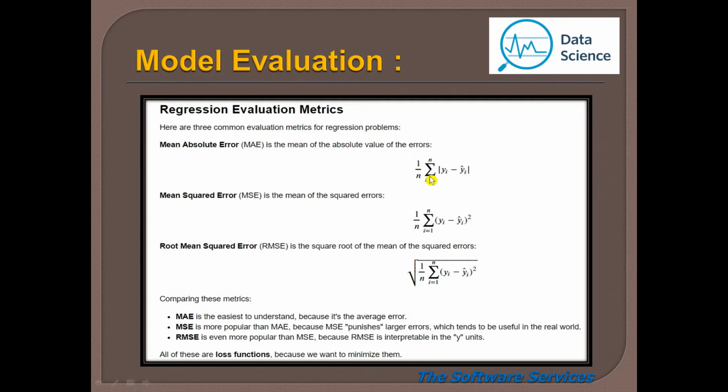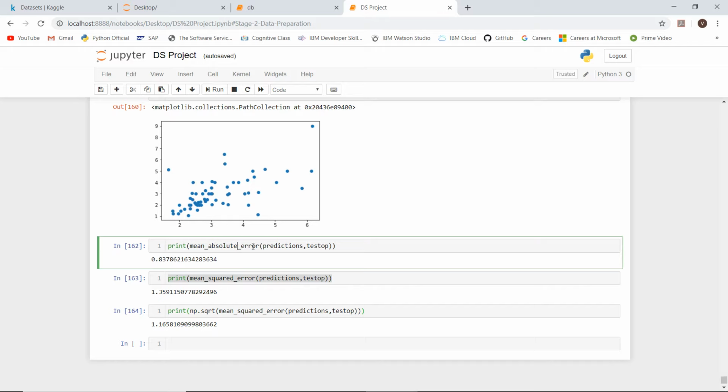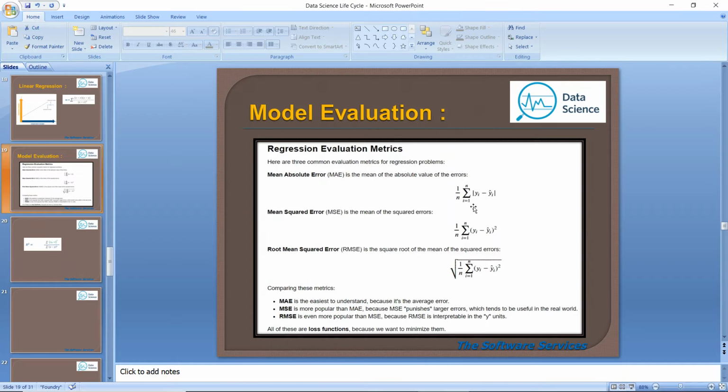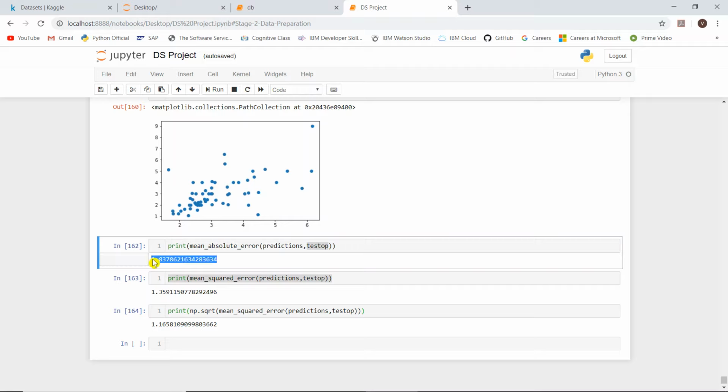So it goes on doing all these formulas here. So the mean absolute error method: this is the y, this is the actual, this is the prediction. So it will do all these calculations which we are seeing here automatically, and within seconds it has come up and given the total absolute error, that is the mean absolute error.